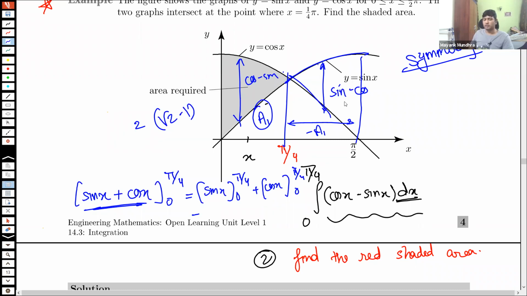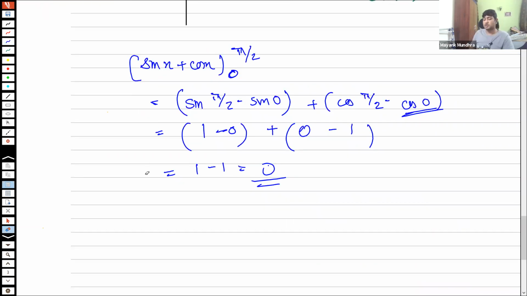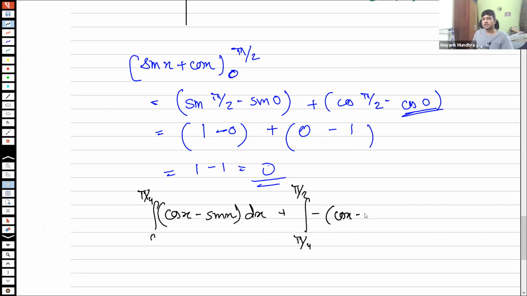Another way to do it, a more correct way when you're not sure about symmetry, is the integral from 0 to pi by 4 of cos x minus sin x dx, plus the integral from pi by 4 to pi by 2 of minus of cos x minus sin x dx.